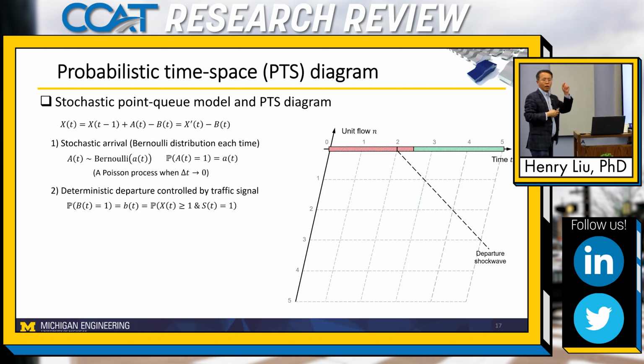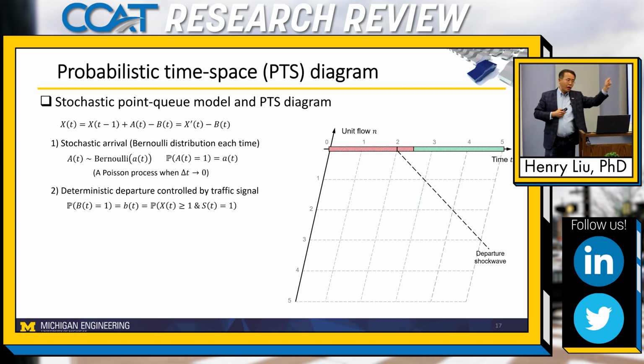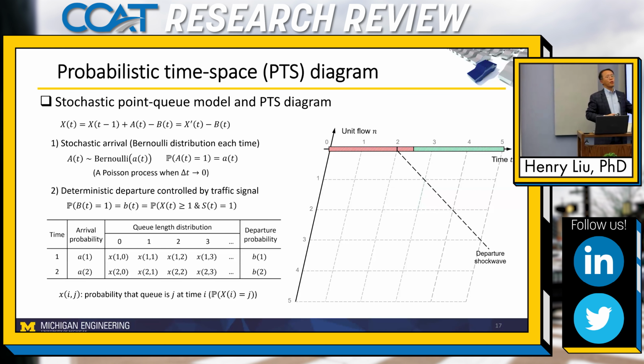Now you have a probabilistic arrival and a deterministic departure, and starting from 0, you can calculate your point queue length probabilistically. And so that's what we do for our queue length distribution. You can calculate your distribution of the queue length.